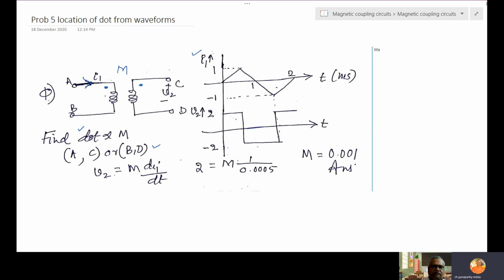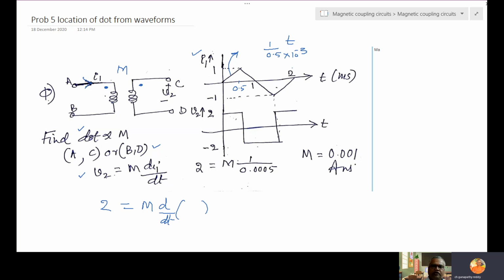Now we understand the dot. What is the expression for V2? V2 is the mutual induced EMF, V2 is equal to M di1 by dt. V2 is already 2 volts, M we don't know. Now d by dt of I1: if this is 1 and this is 0.5 milli, what is the slope? The slope is 1 by 0.5 into 10 power minus 3 t.